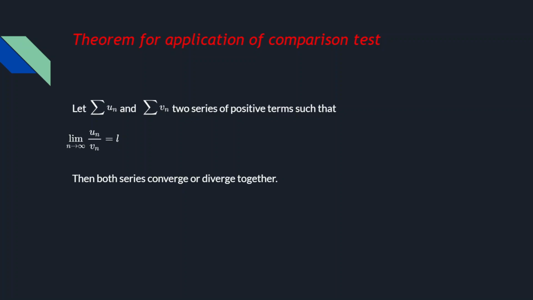If one of them converges, then both converge, and if one of them diverges, then both diverge. The proof of this test has been attached in our study material. You can go to our description link, where you can find the proof. Next, let us take an example and then we will understand it better.